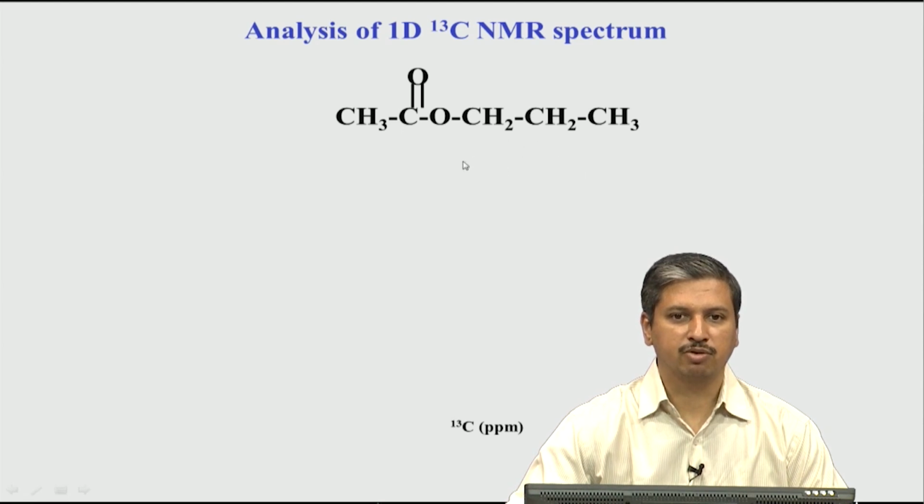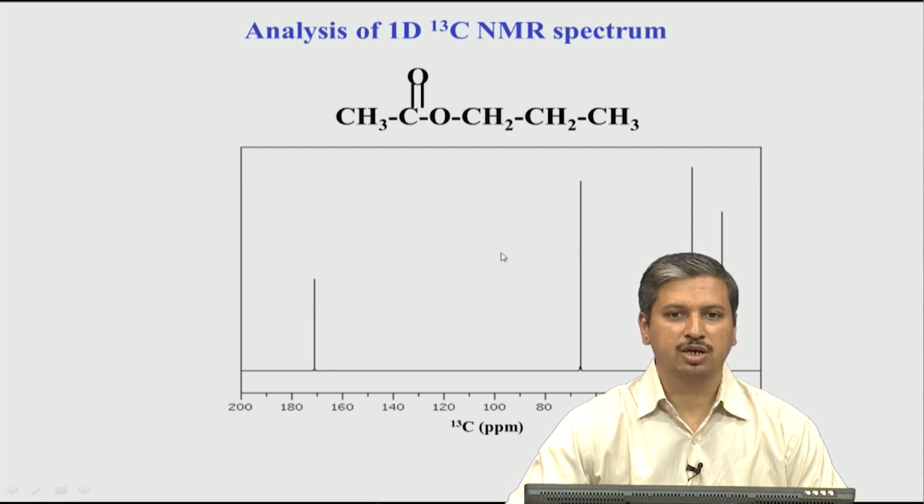Same thing we are going to do here. And the third thing, which we will do here as well, is that, given only the molecular formula and a spectrum, we do not know the structure, and we have to find the structure. Right now, given a spectrum, we will find the assignment.